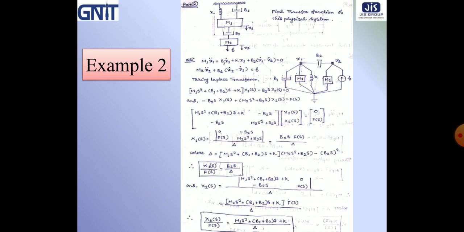Here we apply the force F, and that is why the displacements x1 and x2 occur. So here F is the input and x1 and x2 are the outputs. So here two outputs are there, and the transfer functions of this problem are two: X1(s) by F(s) and X2(s) by F(s). So you have to calculate X1(s)/F(s) and X2(s)/F(s).